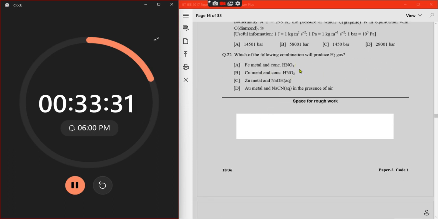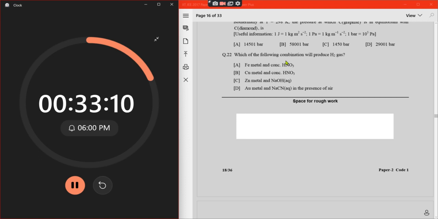So following will produce H2 gas: Fe metal and NaOH, no, probably not. Fe metal and NaCN, I think. Cu metal and concentrated HNO3, huh, it's actually a very good oxidant, तो फिर वो H2 गैस को अपने आप oxidize करके H2O भी create करता है ना, yes.